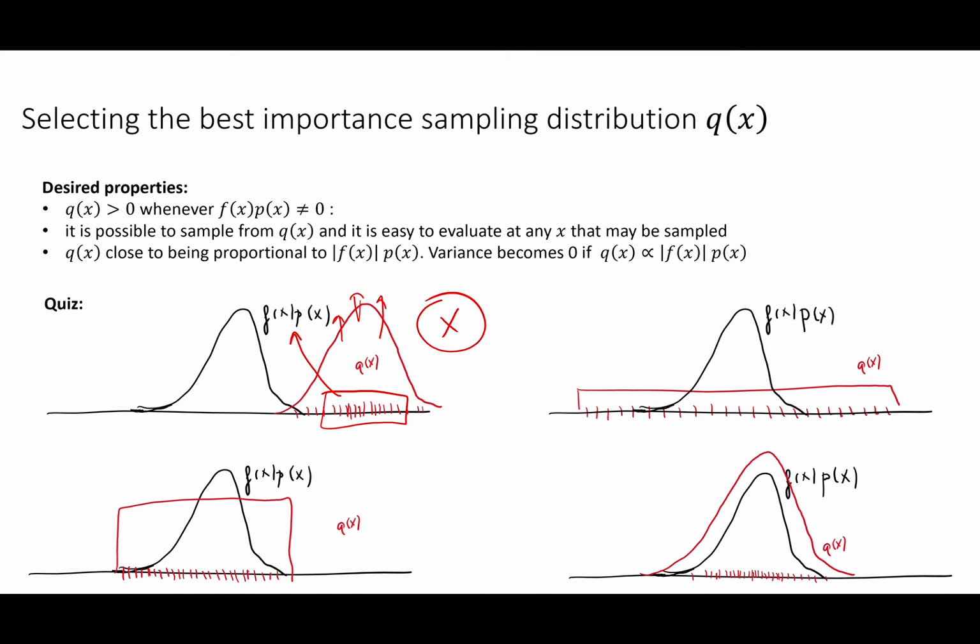So we are sampling like crazy. We're sampling millions of samples, and most of them are not being used at all. And we are not really evaluating the integral at all. So this is not a good choice of q of x. And if we actually go for this, we will burn a lot of computational power. Nothing will happen, and it will be not good.